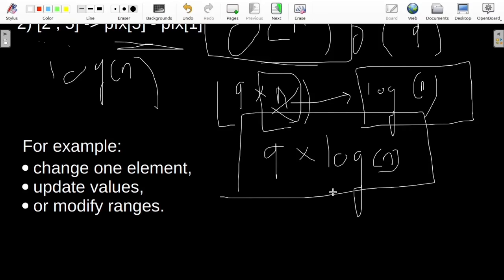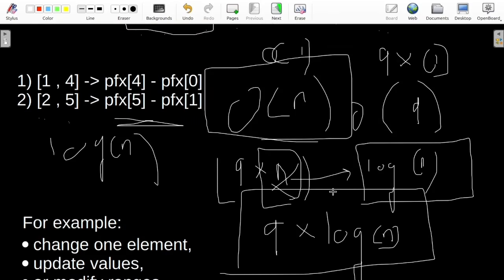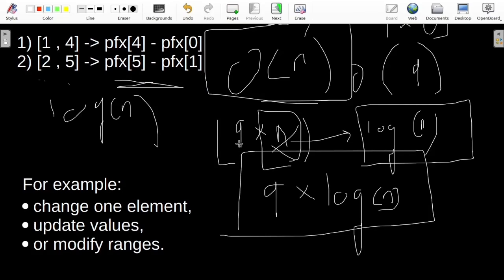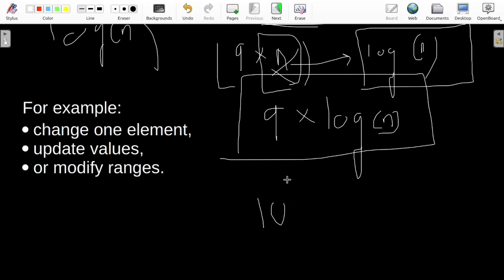So this is the need of segment tree, that whenever you have updates and you have to perform queries, your current time complexity is too expensive with respect to the constraints. On most of the coding platforms, this q will be 10 to the power 5 and n will also be 10 to the power 5.